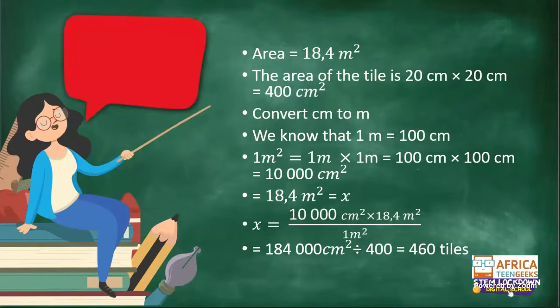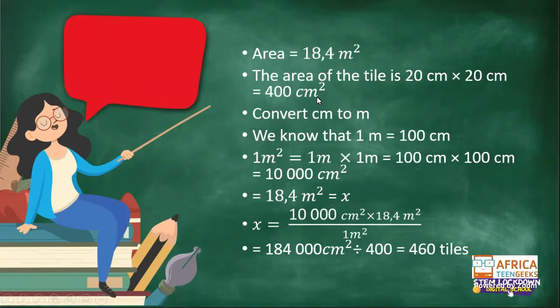And if you convert your 18.4 square meters to square centimeters, you'll see that it will be 184,000 square centimeters.